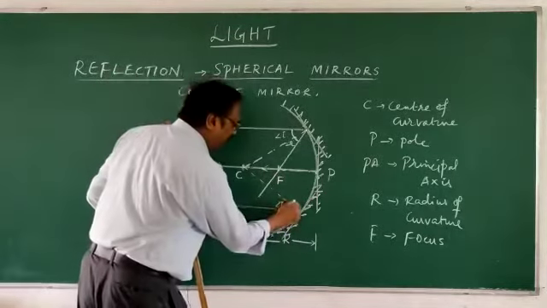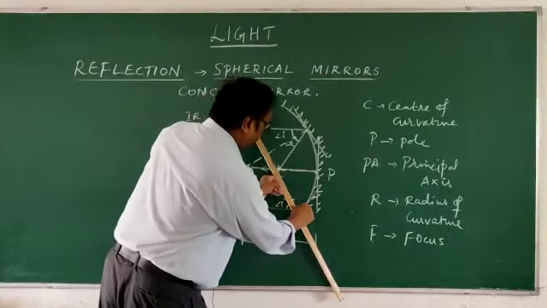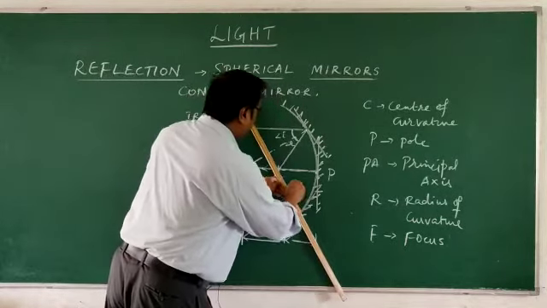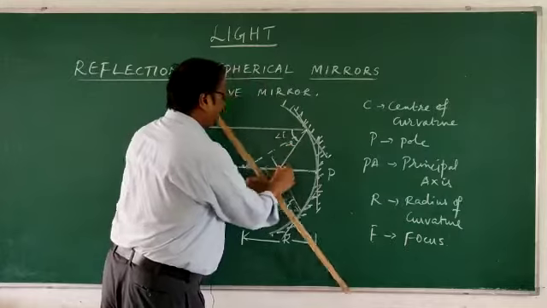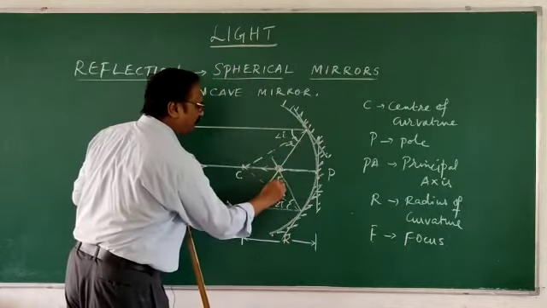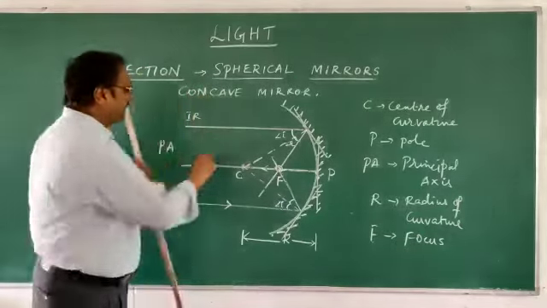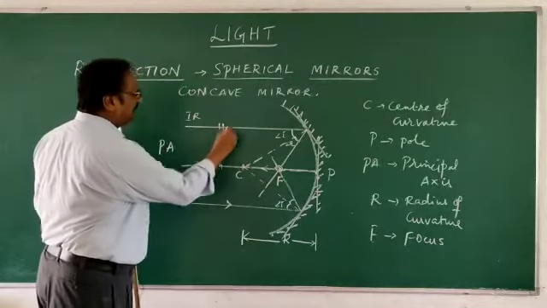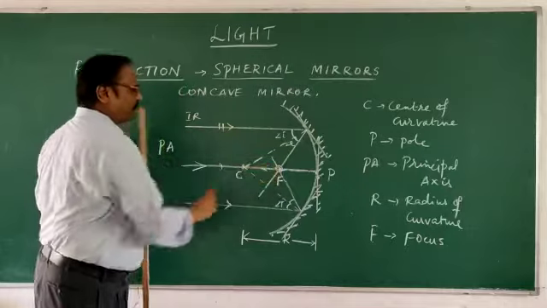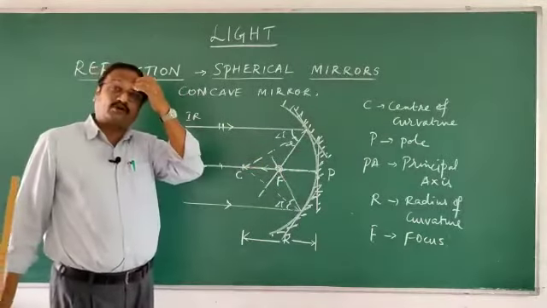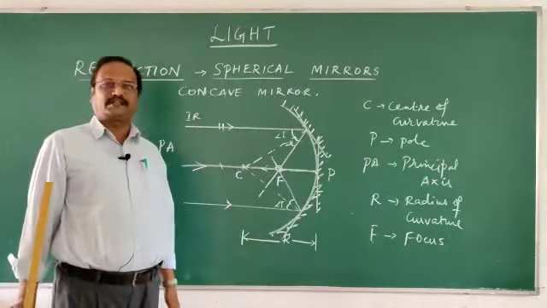Then we need to find the angle of reflection, and when we find it, that also will pass through the same point. All the rays parallel to the principal axis will converge at a point, and that point is called the focus.